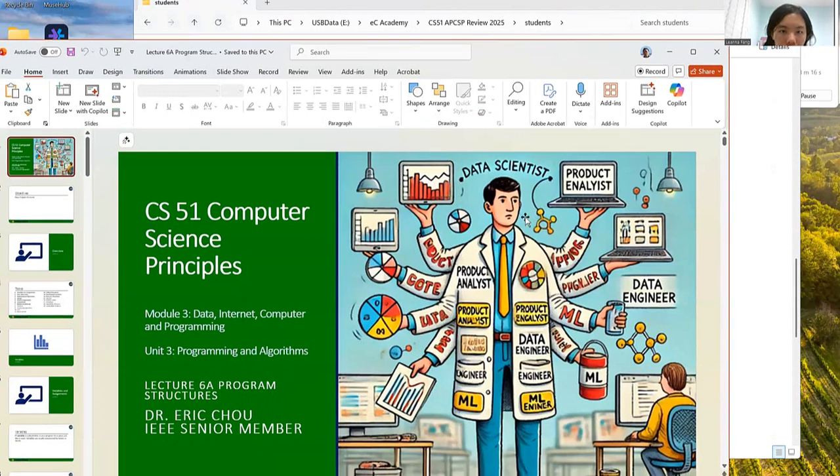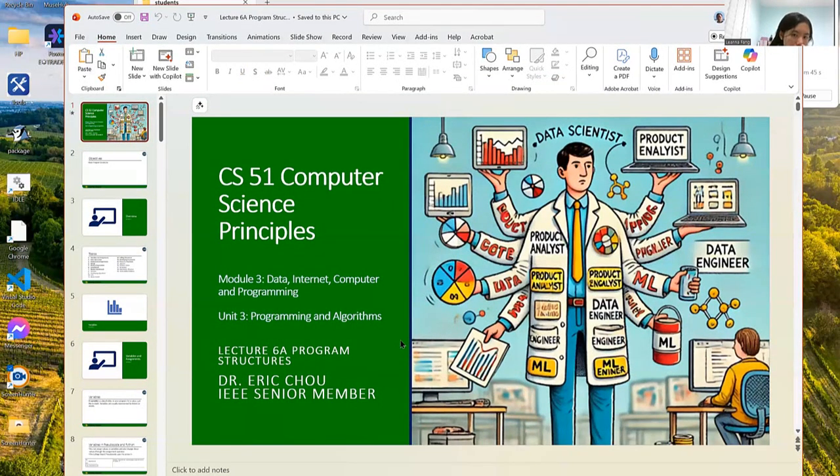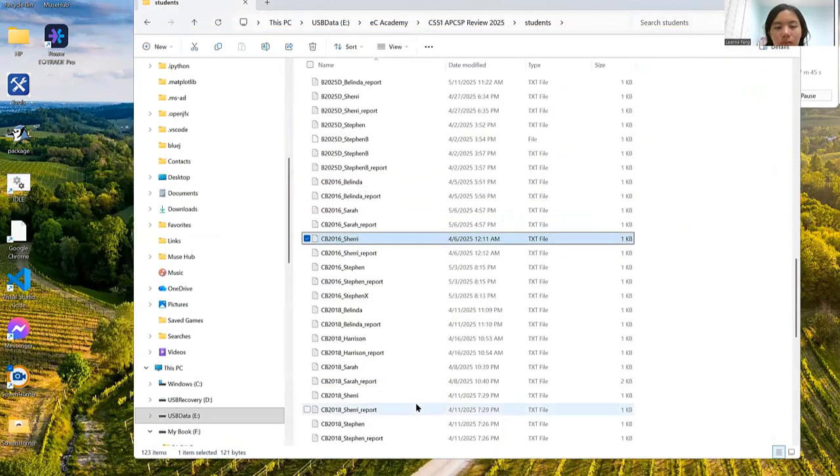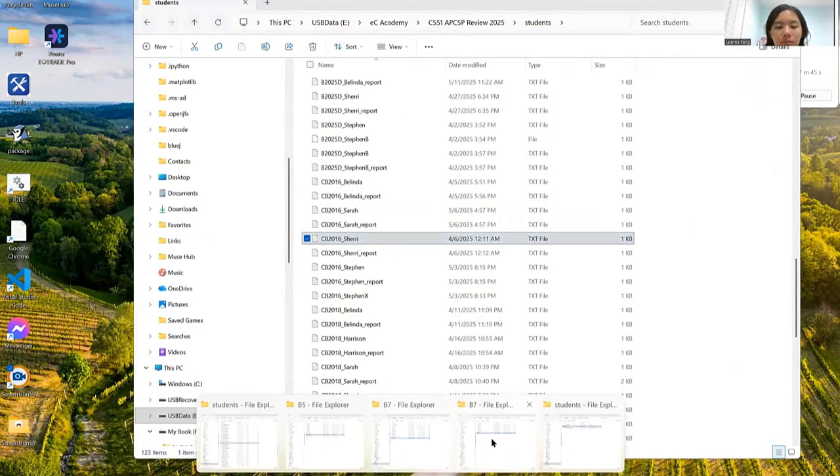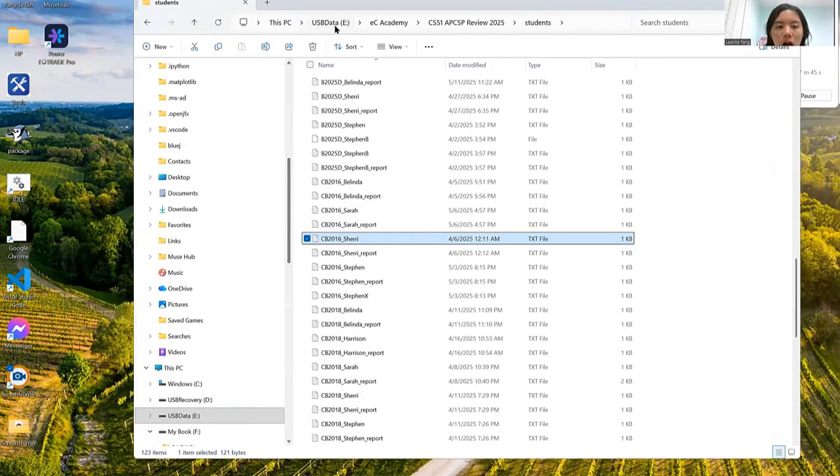More pressure now. Now, let's go back and continue to work on algorithms and programming. Okay, these are unit 3.